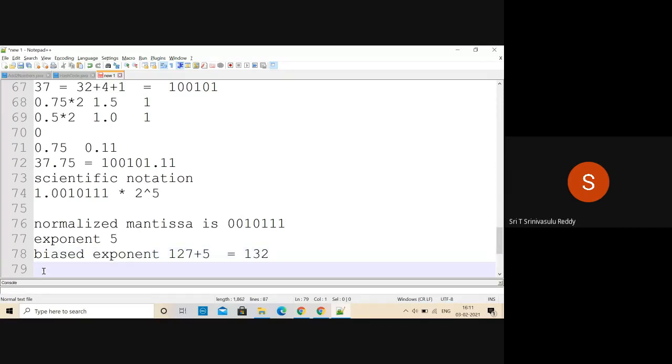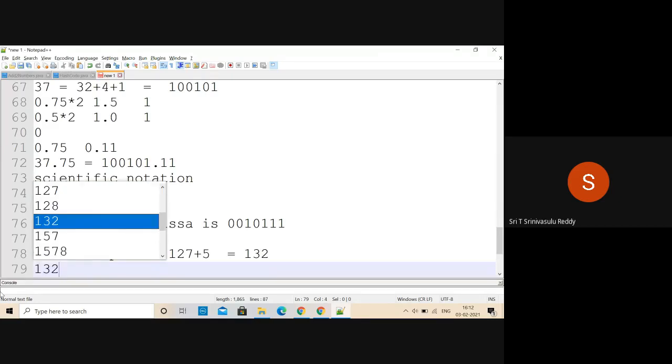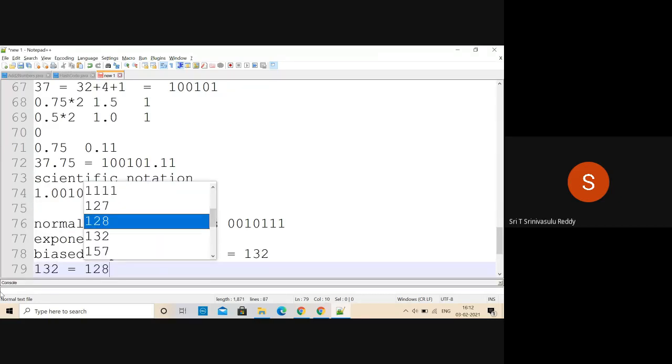And how do you write 132 in 8-bit positions? 132 is nothing but 128 plus 4.